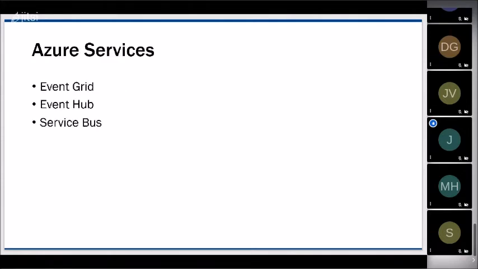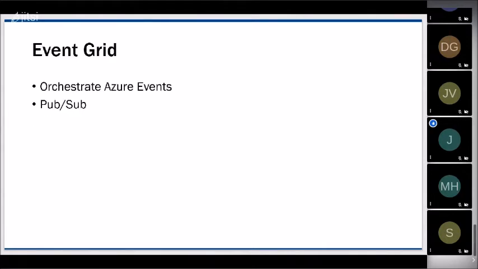If we move on to actual Azure services that deal with event-driven patterns, there's three big ones, and they all have very descriptive names that sound almost exactly the same. So you have the event grid, the event hub, and the service bus. And we're going to dig into each of these in the next couple slides. So the first one we have is the event grid.